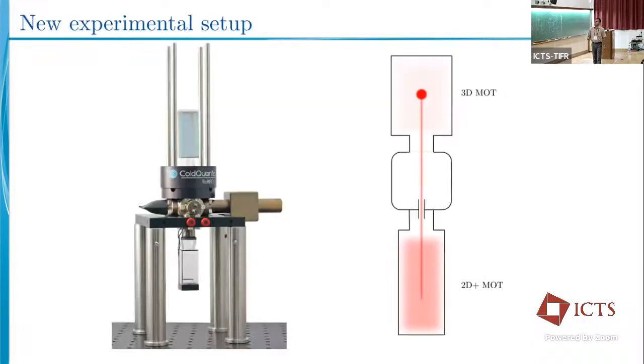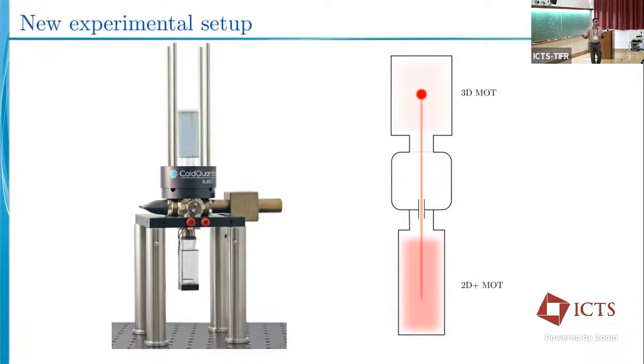Okay. So now, initially I had a MOT. Recently we have got our new system. We will be making the 2D MOT here, and we got it. Now we are preparing for pushing from here to here. And here we are making the 3D MOT.